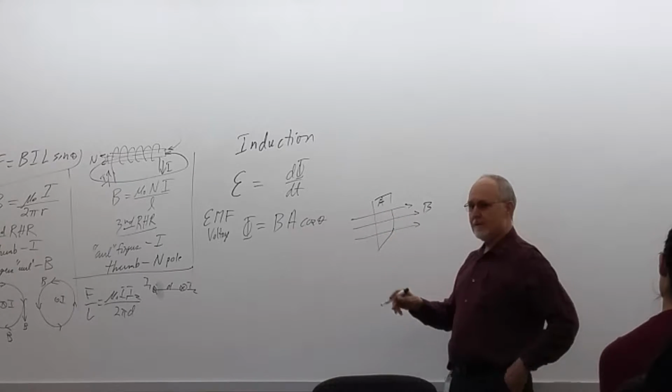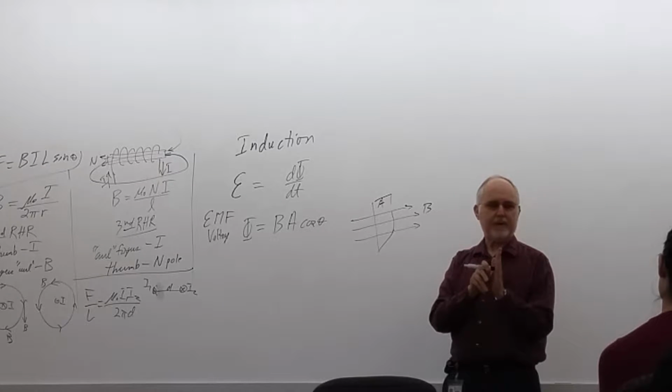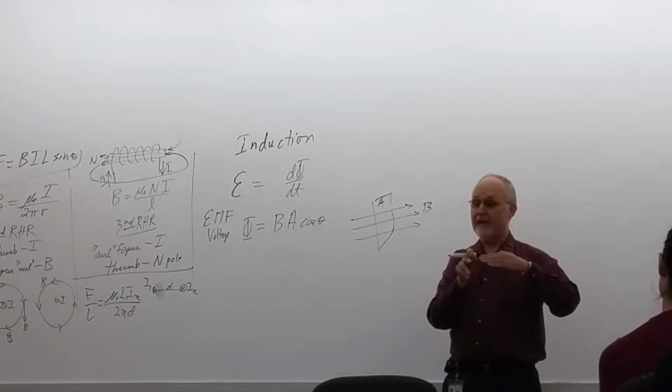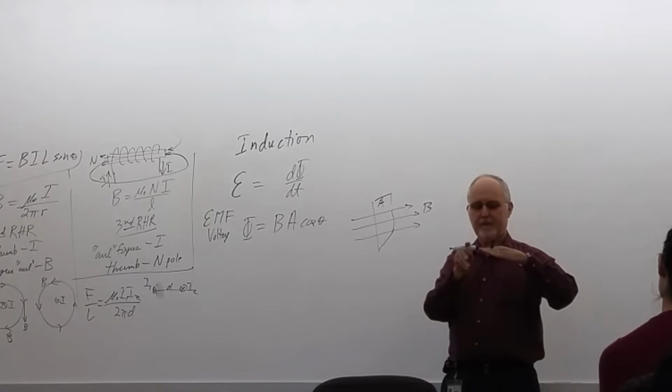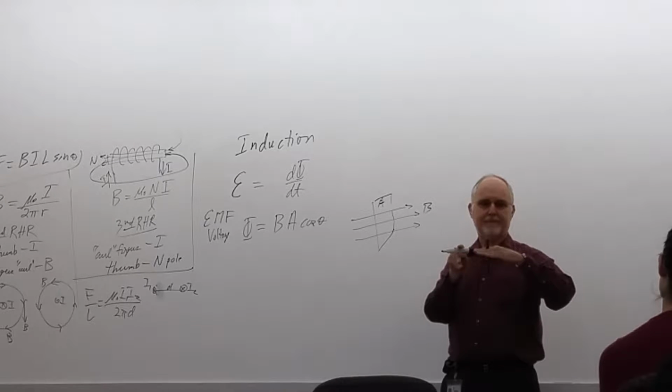So if the field lines are perpendicular to the area, well, then you've got maximum flux going through there. But if the area was tilted over and they're 90 degrees to each other, so you've got your area vector that way, but the field vector is that way, then there's no flux going through the area. The area doesn't have a thickness to it.